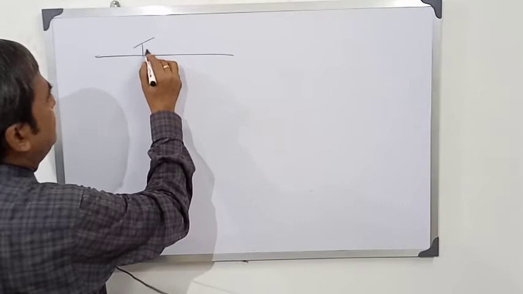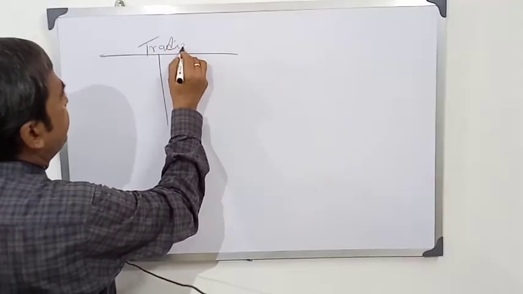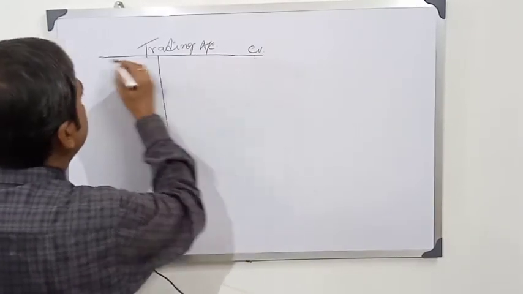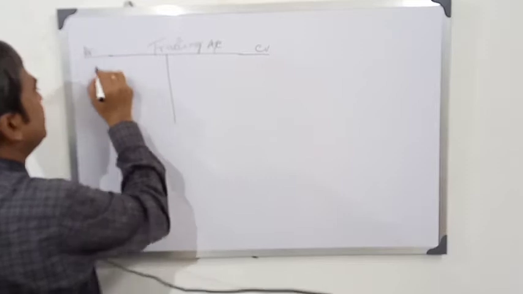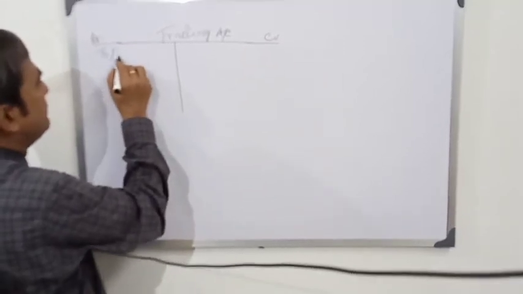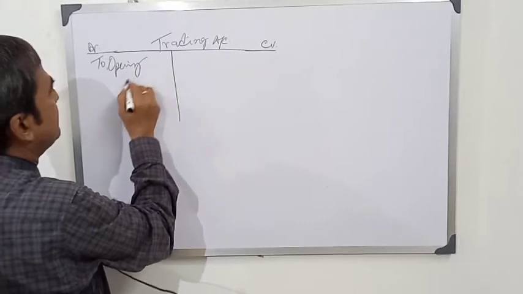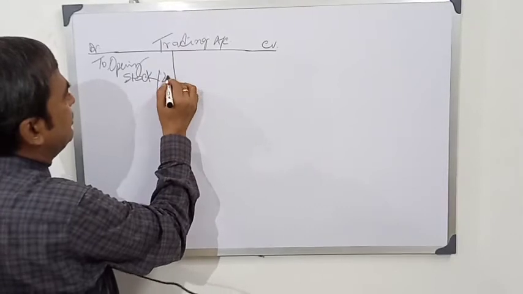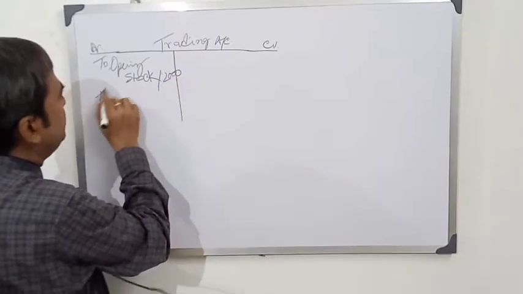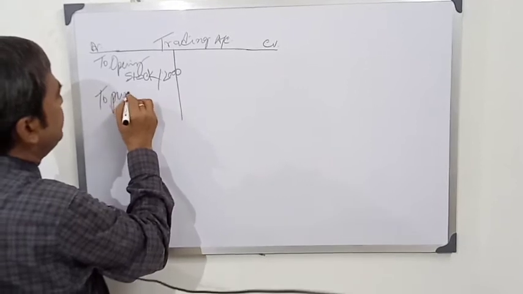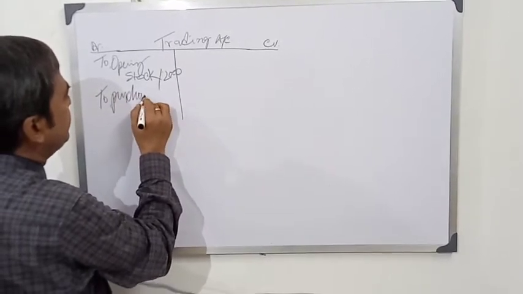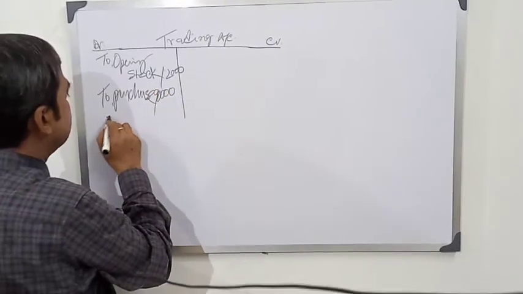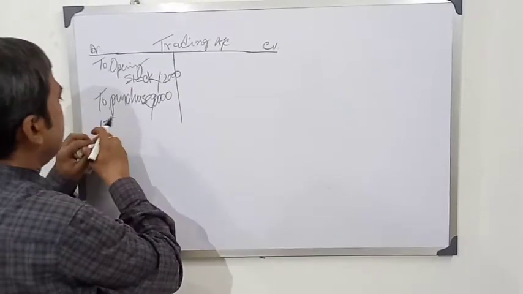This is the trading account. Credit side, here is the debit side. You have to opening stock, certain amount, say 12,000 for example, then to purchase $90,000. Less return you can do if return is there.